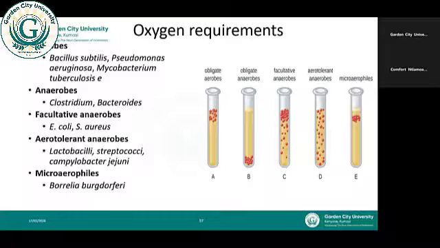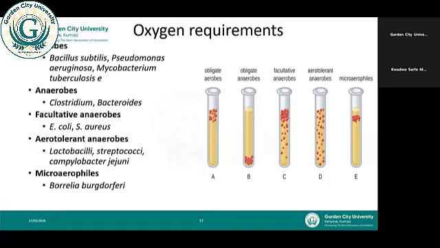So you expose them to oxygen, but you said otherwise. Unless they are obligate anaerobes. So you get the difference. If they are obligate, that means oxygen is toxic for them.